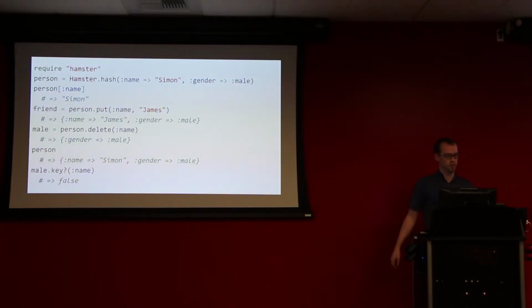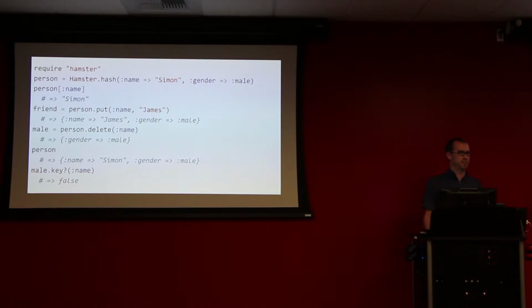And then the original one, you can see lower down here, person, is still named Simon. So person.put name James does not change what person is. It only makes this new one called friend. And same thing if you delete a record, for example, male deleted the name, and that is still in person.